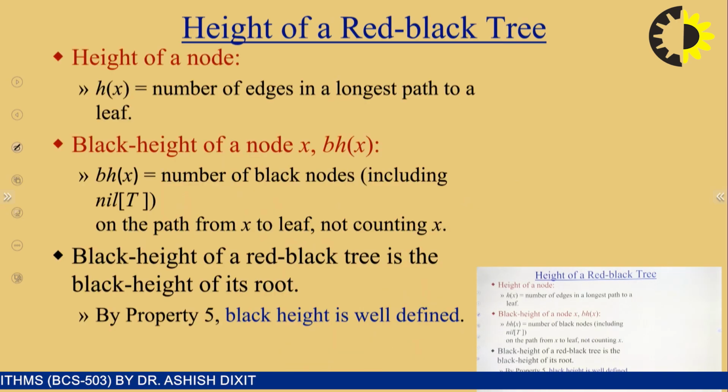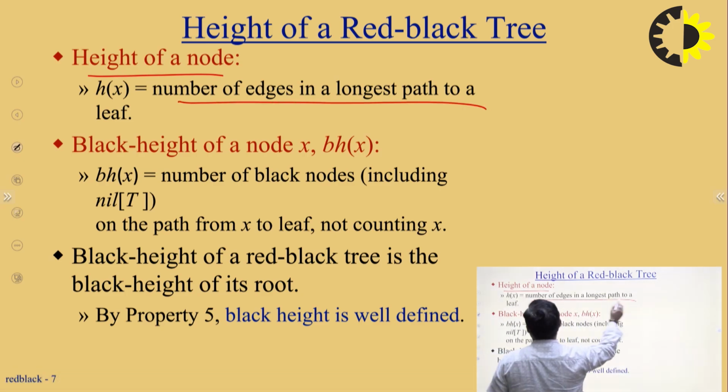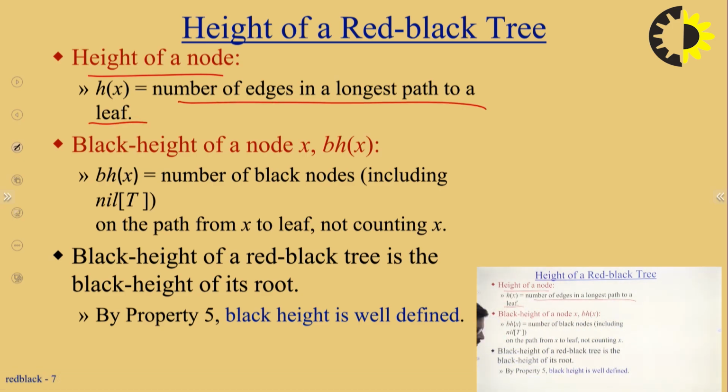Next, the height of the red black tree. The height of the red black tree is the number of edges in the longest path to a leaf. We will consider the black height from a particular node, without counting that node, going down through the descendants till the nil node, that is, the leaf node.